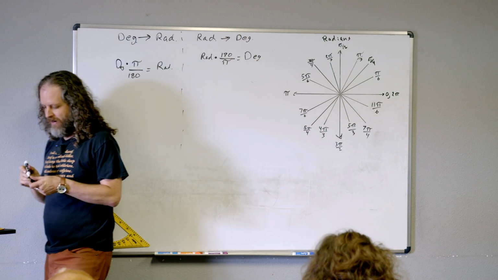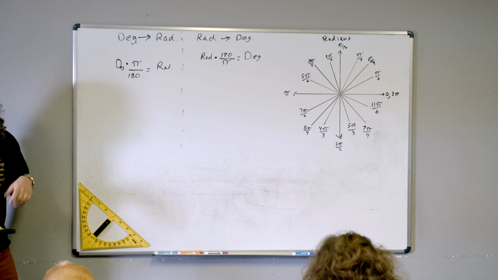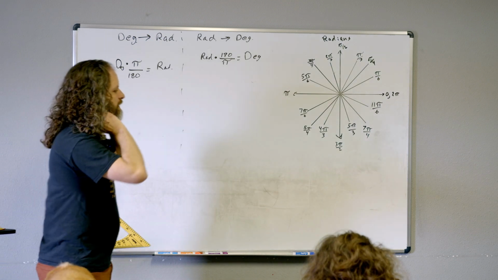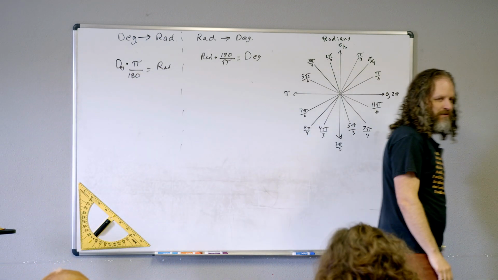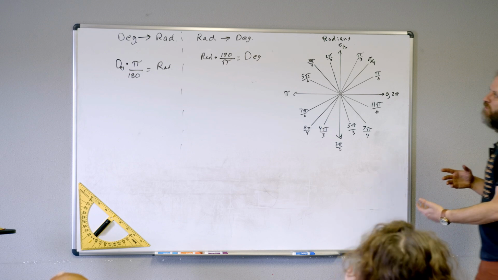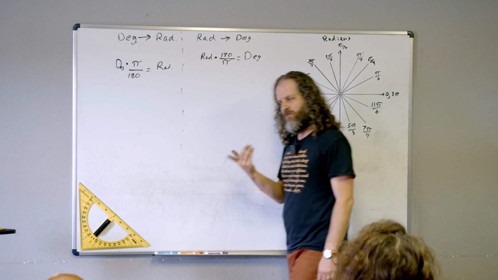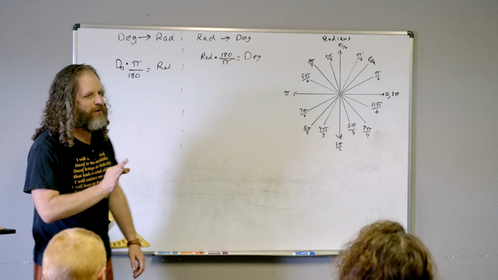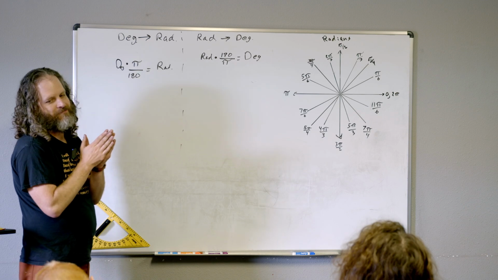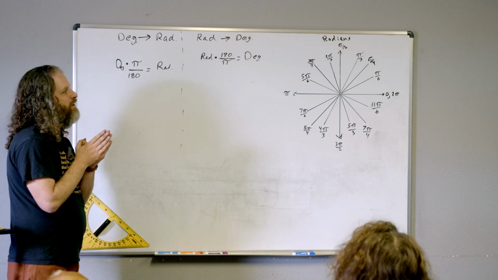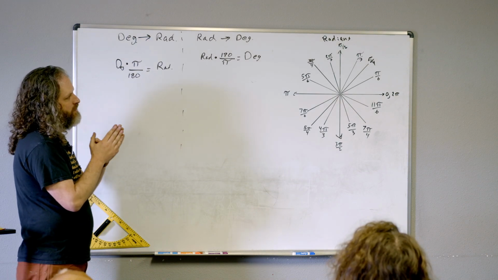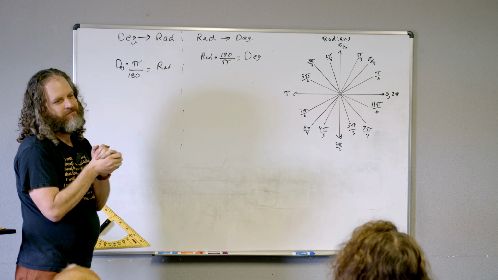Now let me tell you how I remember, in a moment of panic, which one's which, whether you do 180 over pi or pi over 180. What did I tell you about radians? I gave you this tidbit early in this lesson. They're almost always in terms of what?